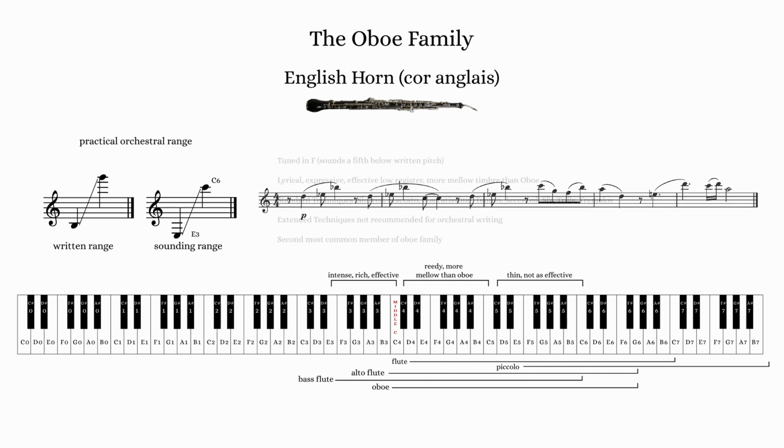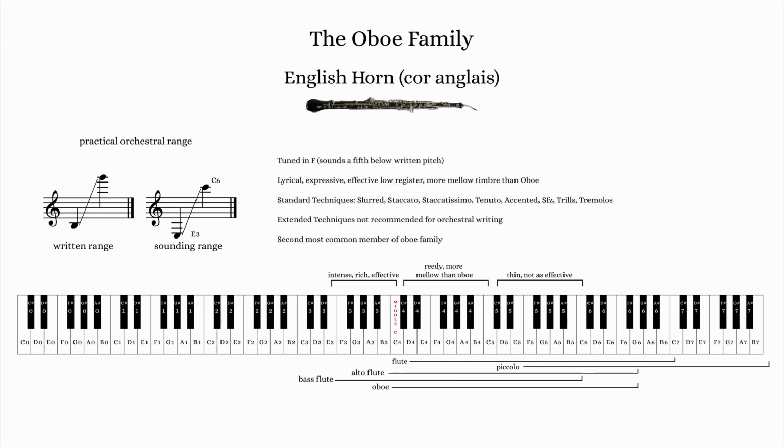In terms of idiomatic writing and technique, most of the same strengths and limitations of the oboe apply to the English horn. As was true with the flute family, in general, the larger the instrument, the slower the response time for the sound, and therefore certain techniques are more difficult.